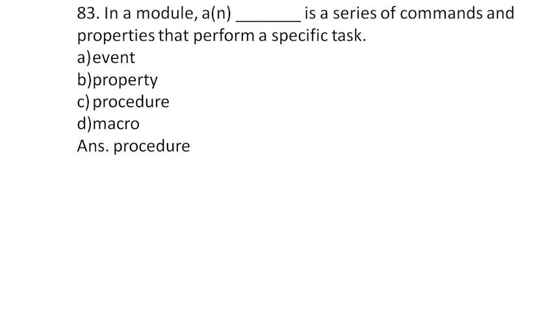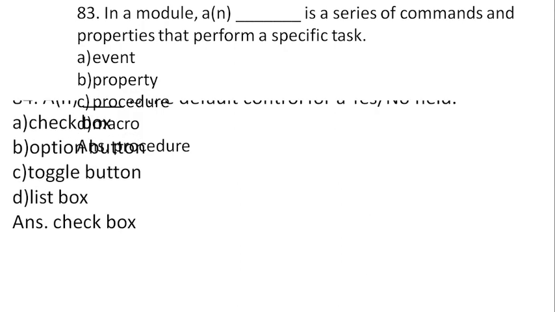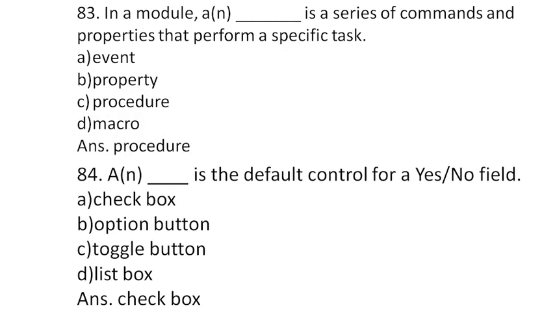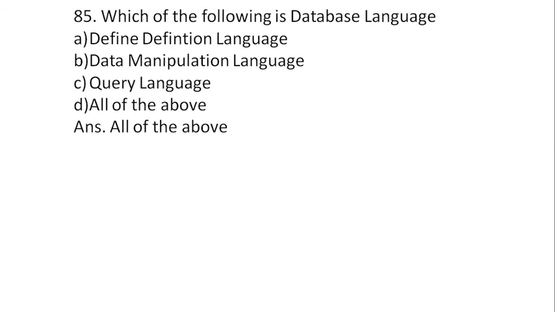Next, in a module a dash is a series of commands and properties that perform a specific task. Answer: procedure. Next, a dash is the default control for a yes or no field. Answer: checkbox. Next, which of the following is a database language?